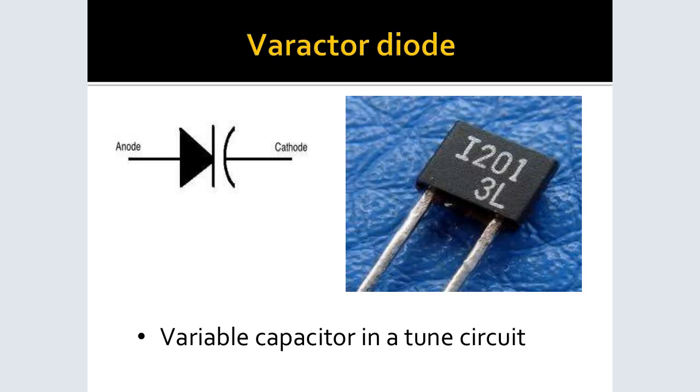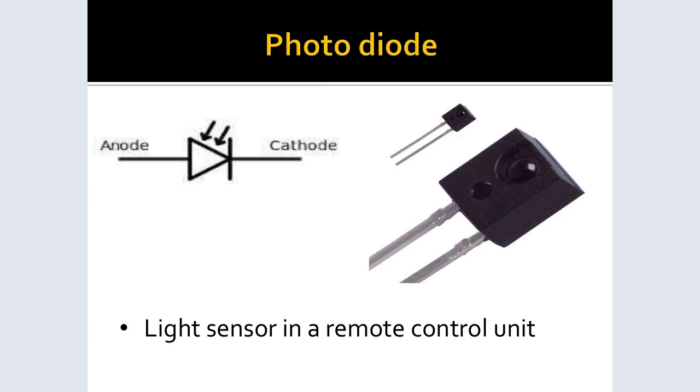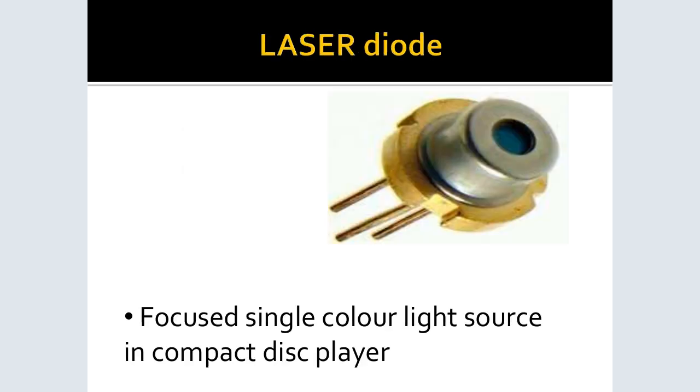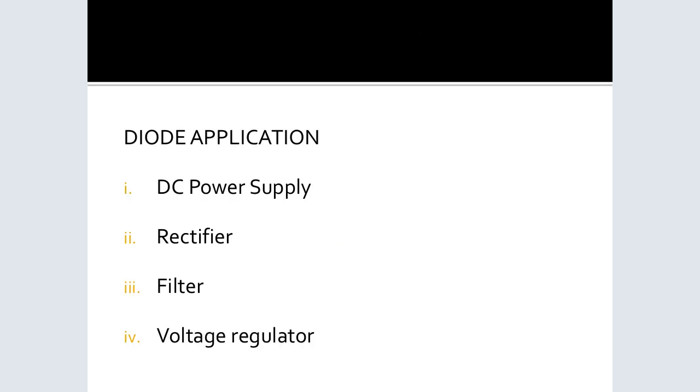There's a tunnel diode, varactor diode, in tuning, light sensors, in remote control units, photodiode to support their infrared protocol, laser. Okay, so those are areas where diodes can be used.